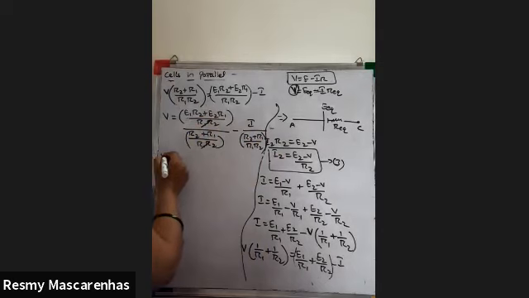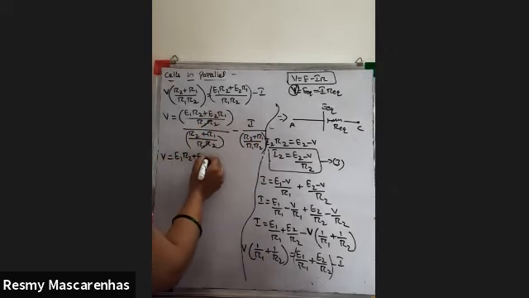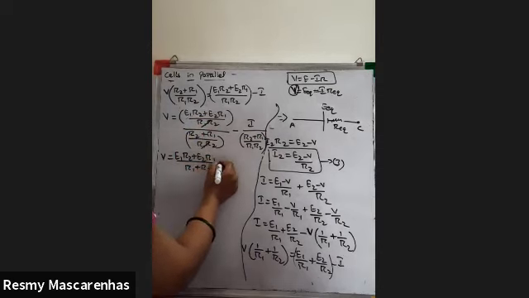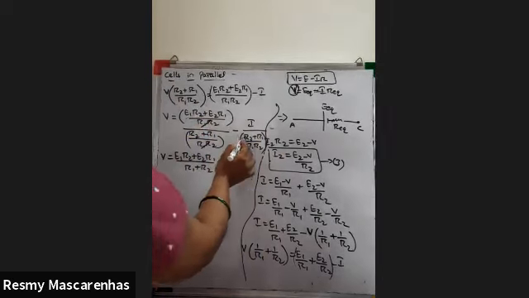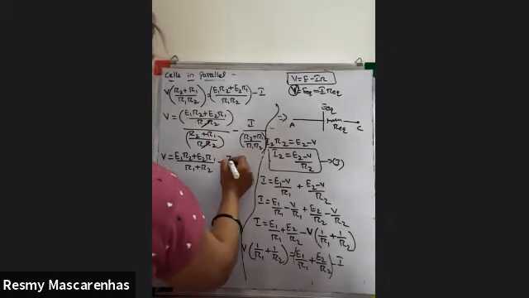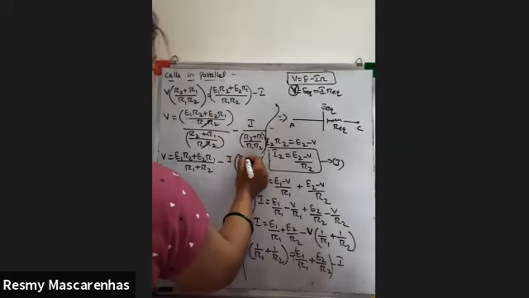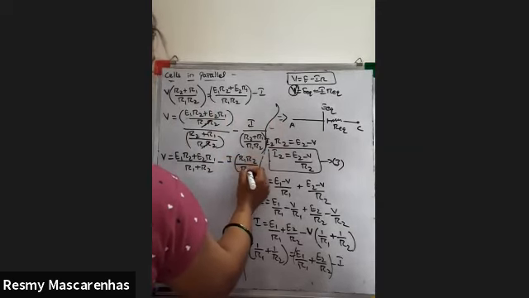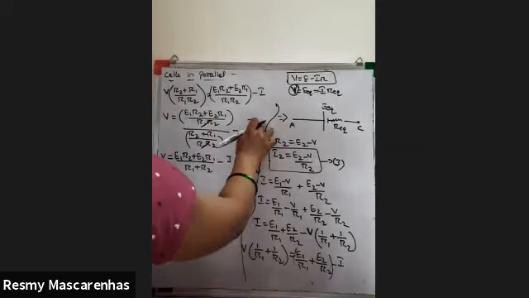So what will remain? V is equal to (E1 R2 plus E2 R1) upon (R1 plus R2) minus, now see, denominator of denominator can be written as the numerator. So I can write it as R1 R2 upon R1 plus R2.